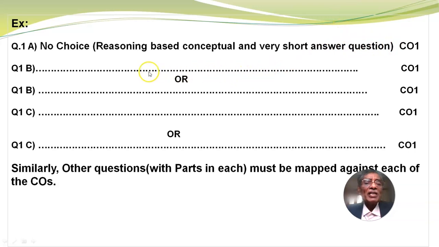Question 1B, there is an internal choice, either or, but both the questions are mapped with CO1. Question 1C, again there may be internal choice, but both the questions are mapped with CO1 only. Similarly, other questions with parts in each must be mapped against each of the COs.